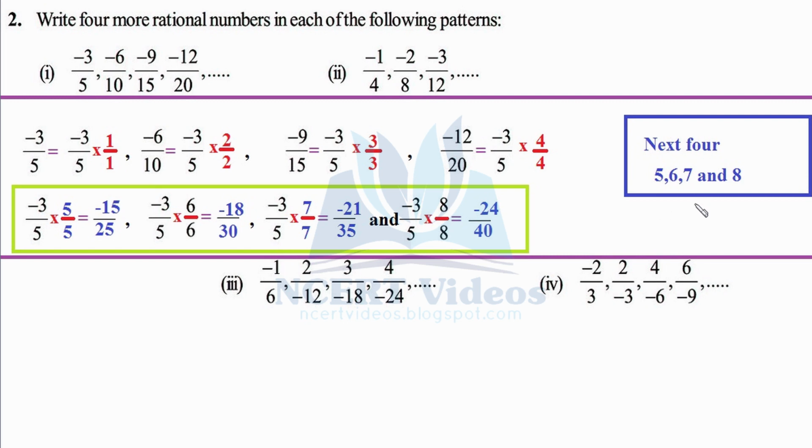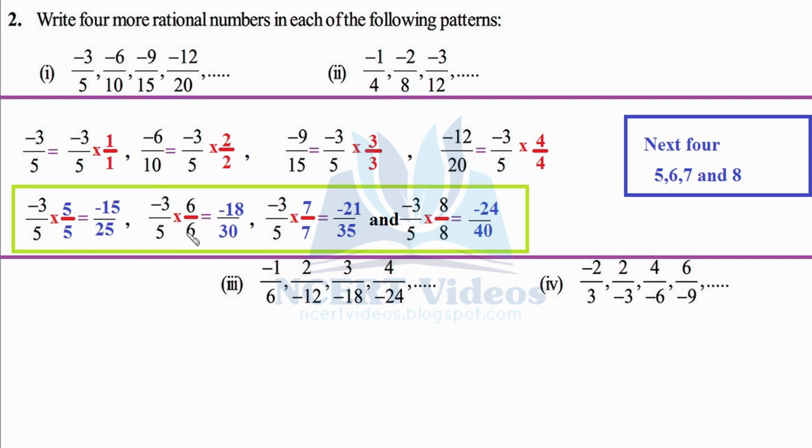But remember, you have to multiply both numerator and denominator by these numbers. So this is your base value, that is minus 3 over 5. We are going to multiply it with 5 in both numerator and denominator. So 5 into minus 3 is minus 15, 5 5s are 25. So this is one rational number.